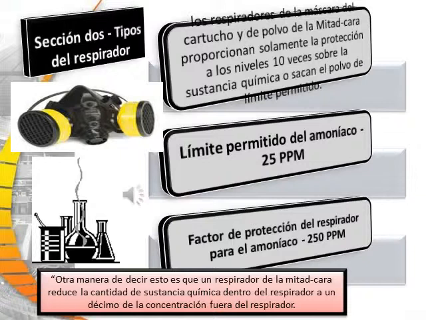Half-face cartridges and dust mask respirators only provide protection to levels 10 times above the chemical or dust permissible limit. Ammonia permissible limit is 25 parts per million. The respirator protection factor for ammonia is 250 ppm.